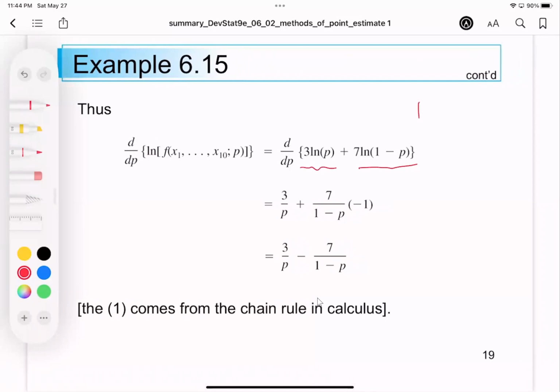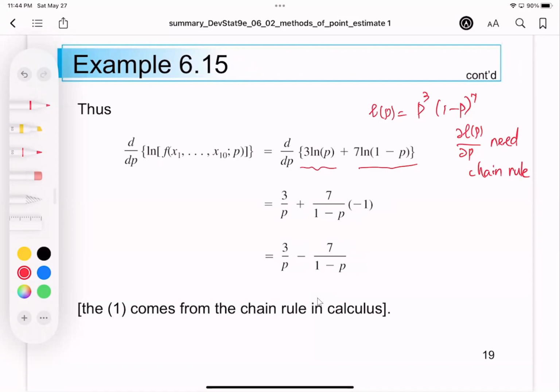If we worked with the original one, p to the power of 3 times (1 minus p) to the power of 7, if we try to take the derivative, we will end up having to use the chain rule. And the chain rule would be a lot more complicated, very messy.